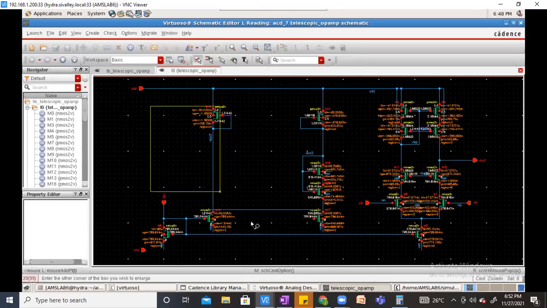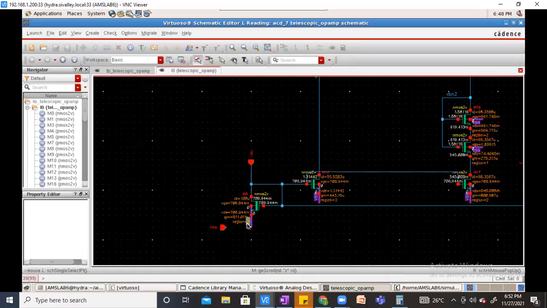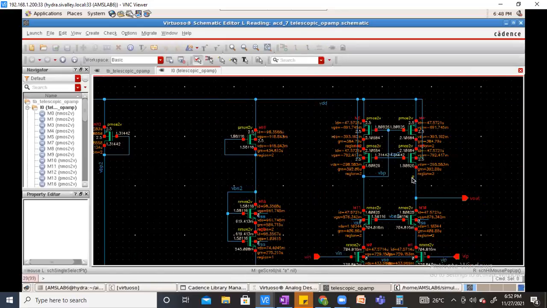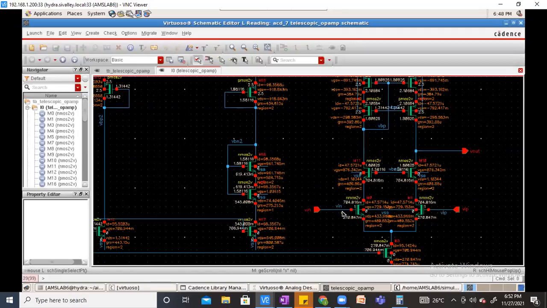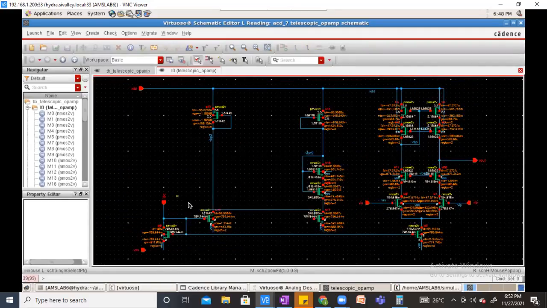So vision 2. Perfect, man. Okay. Let's see the vision analysis.